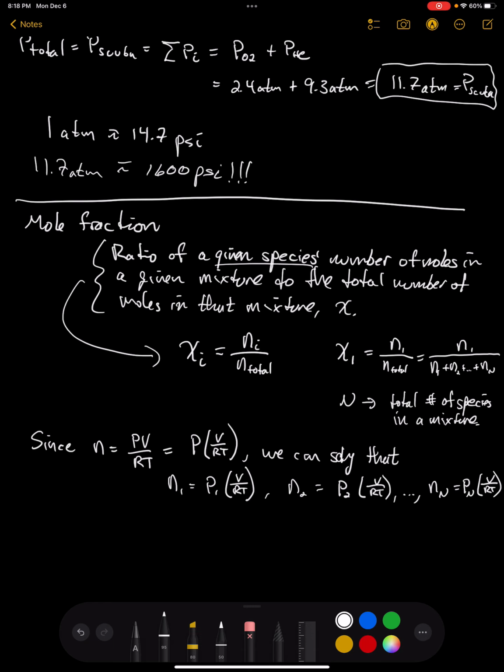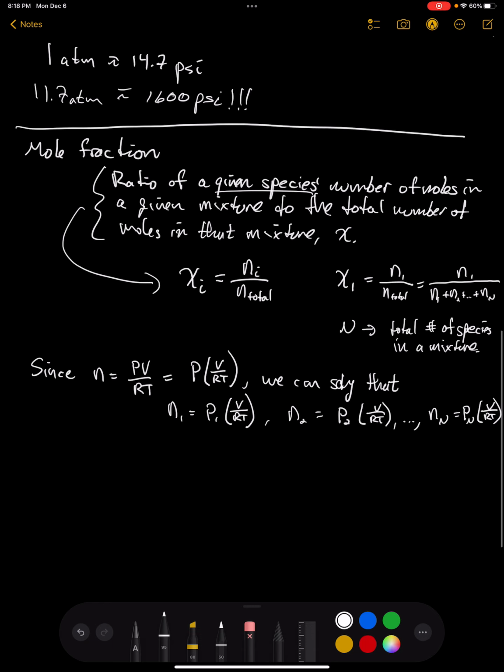And if we go to our mole fraction definition, where X1 is equal to N1 divided by N total, well, this is simply equal to N1, which is P1 times V over RT, all divided by N total, which is N1 plus N2 plus ... up to Nn.